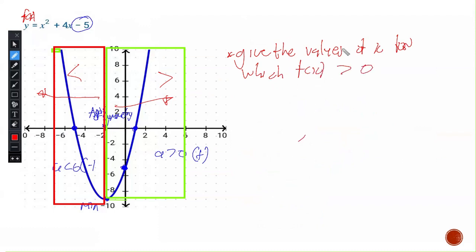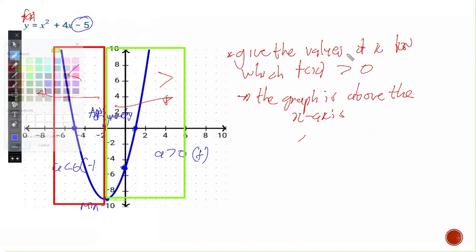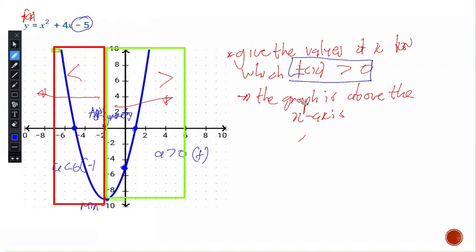Now, remember, I said the interpretation of this is that we must give the values of x for which the graph is above the x-axis. Right. So you have to understand mathematical language in order to successfully answer these questions. For where f of x is greater than 0, when we decipher this, it means where the graph is above the x-axis. Where do we see the graph being above the x-axis?